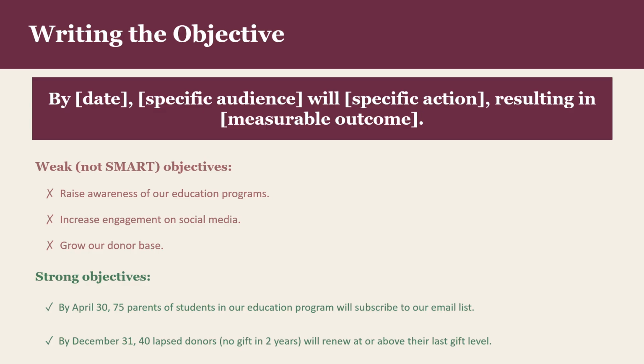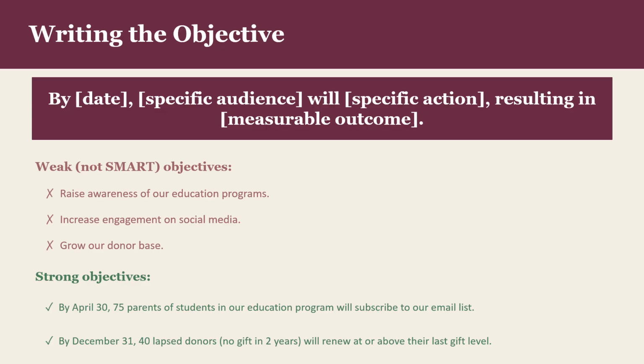So you need to say that. Look at the weak examples. They're not wrong. Raising awareness and growing the donor base are real goals, but they're not SMART objectives. You can't tell when you've achieved them, and you can't tell who's supposed to do what by when.